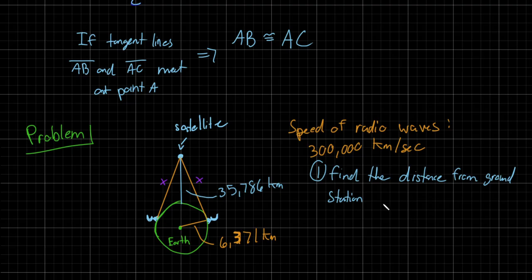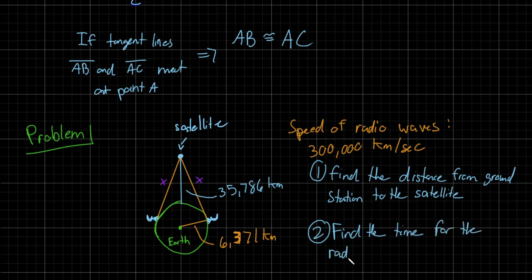So what is sending the signal to the satellite? And then I want you to find the time it takes for the radio waves to reach the other ground station.